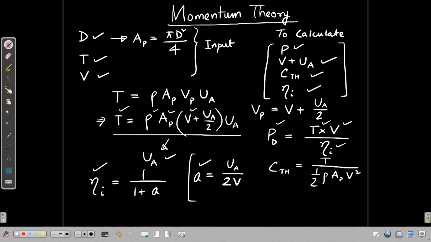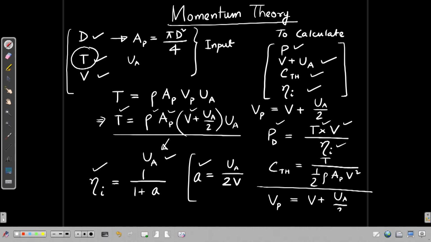Now, the same problem can be given in a slightly different way, where instead of this thrust value, any of the velocity components can be given. For example, either UA or the total velocity far astern may be given. So, we can use the same set of parameters to calculate the value of Vp, right. So, for example, if V plus UA is given, we can calculate Vp by V plus UA by 2.